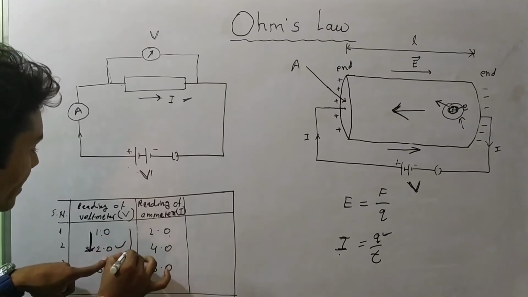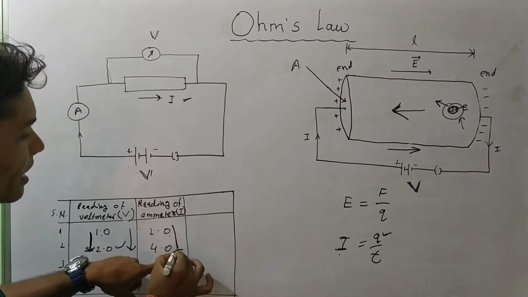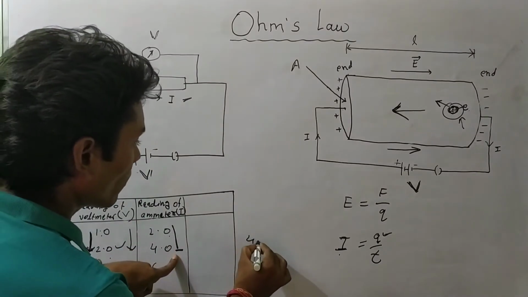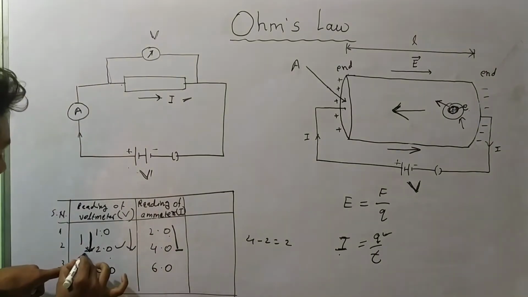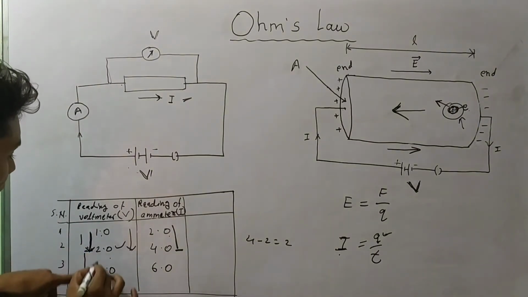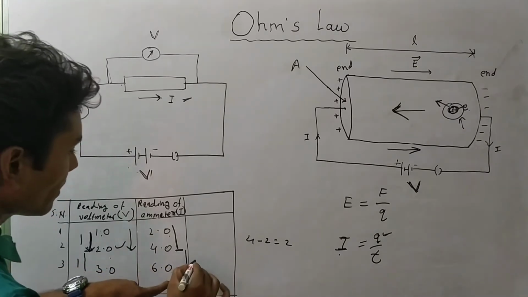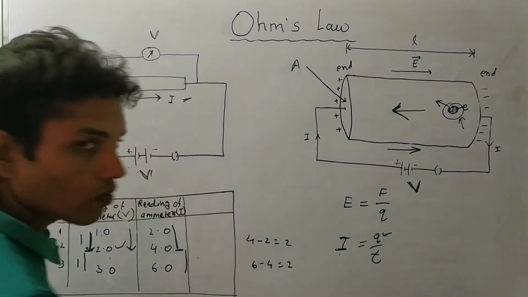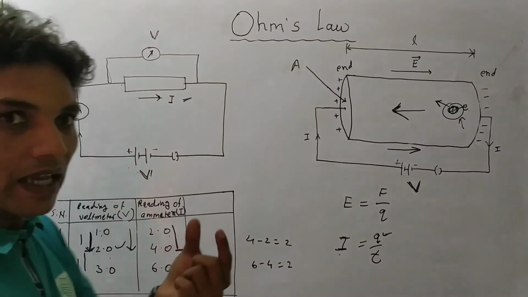So on increasing the potential by 1 volt, what is the difference between the current in the first reading and the second reading? Here 4 minus 2 equals 2. And here, 3 minus 2 is 1 volt, and the difference in current, 6 minus 4, is again 2.